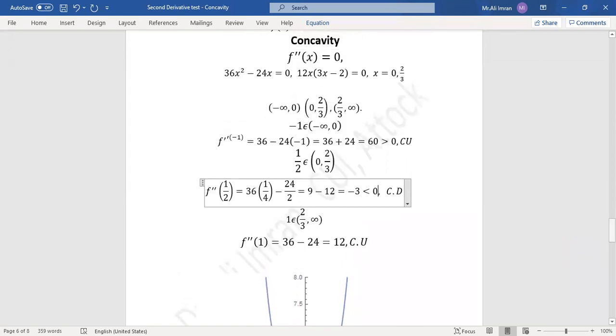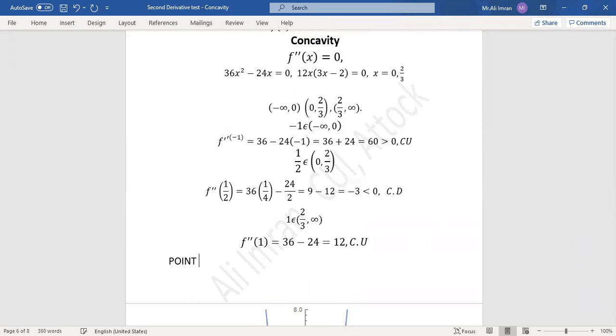The points of inflection here are at these x coordinates.